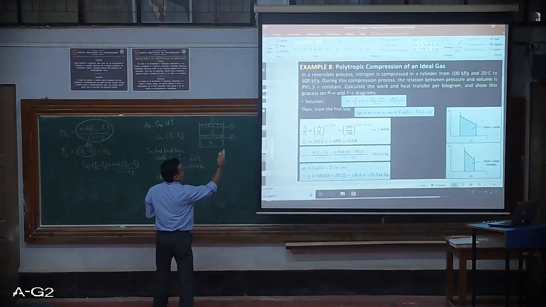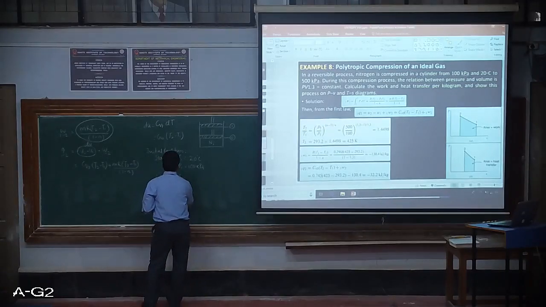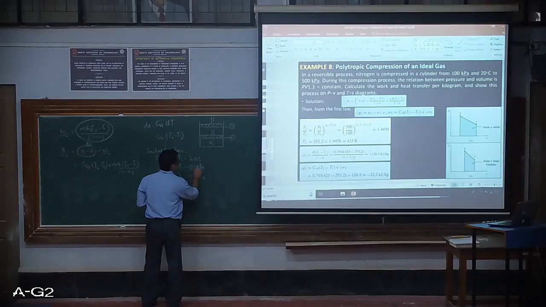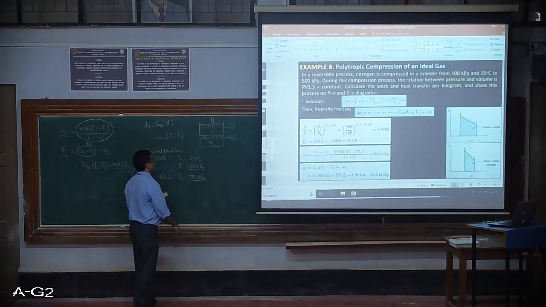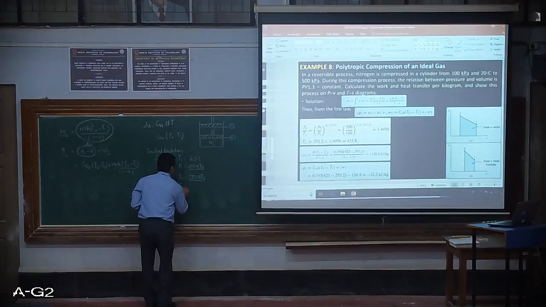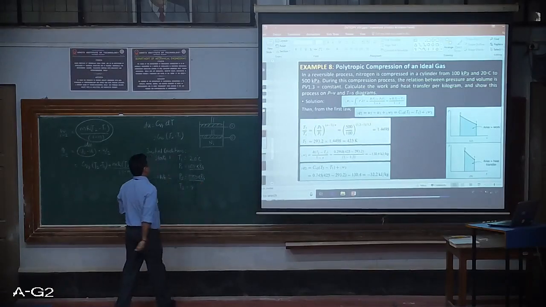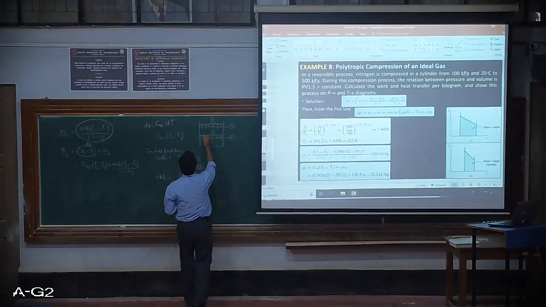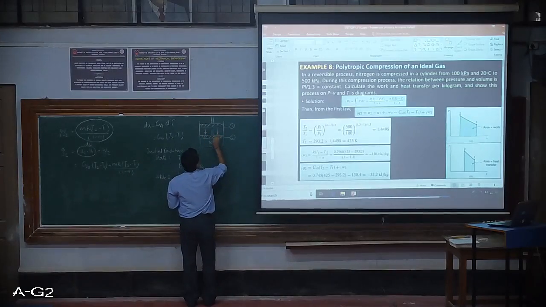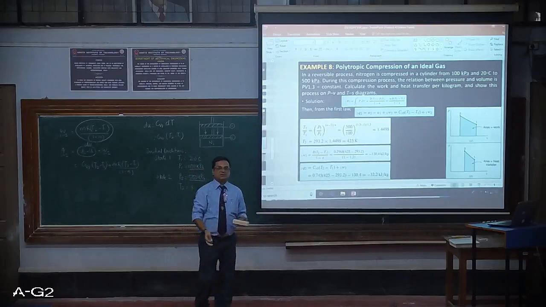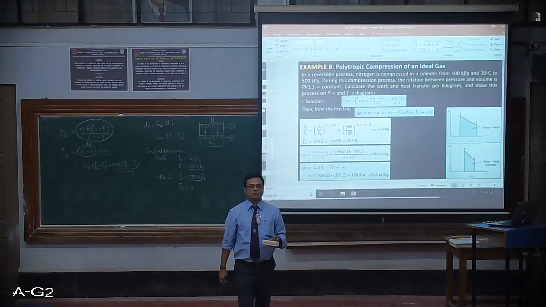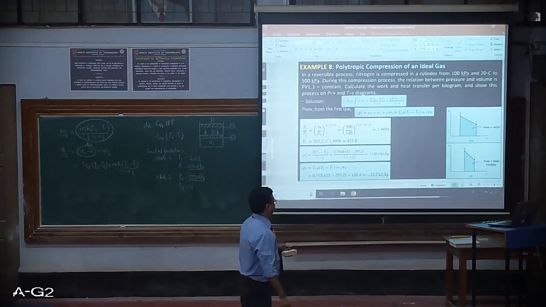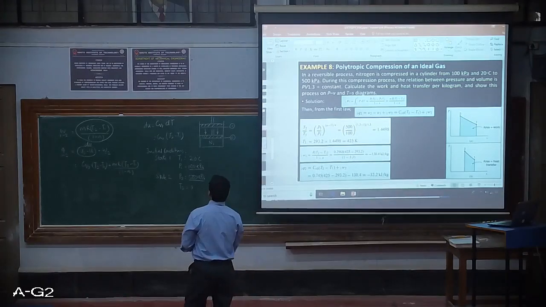At state 2, only one parameter is given, that is P2, which is 500 kilopascal. We need to find the value of T2. This is purely a compression process where work is done on the system. Obviously, the value of work is to be negative. So let's see how to evaluate.